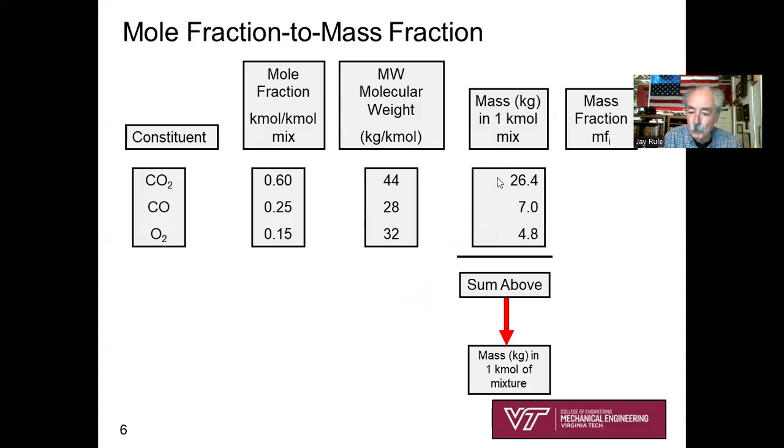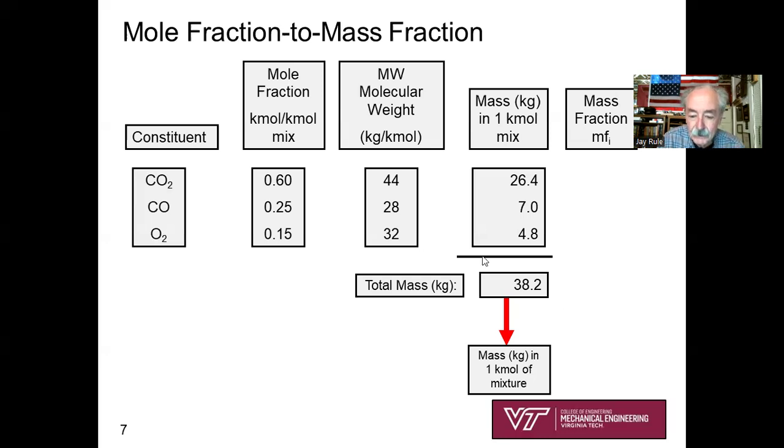We sum the total masses. We sum up these numbers to get the kilograms in 1 kilomole of the mixture. Okay, there we are. 38.2 kilograms of mass in 1 kilomole of our mixture.